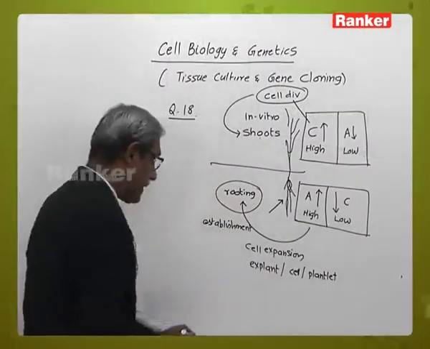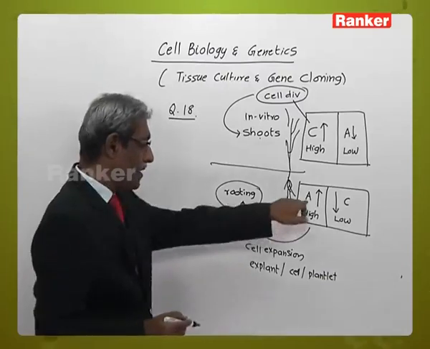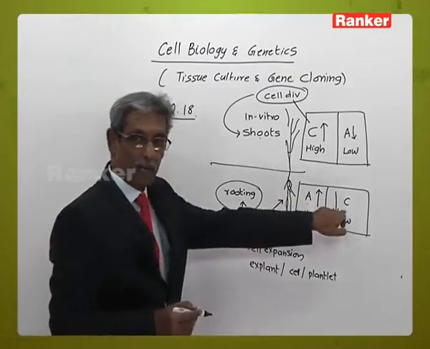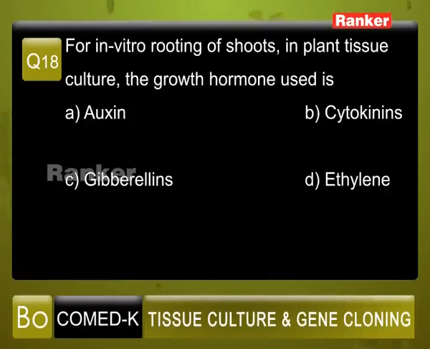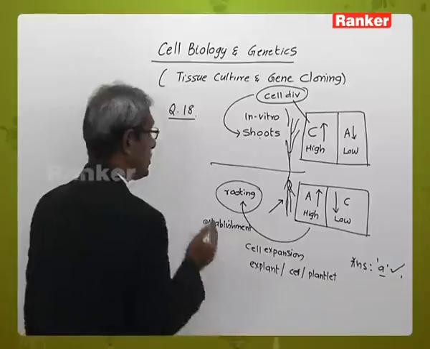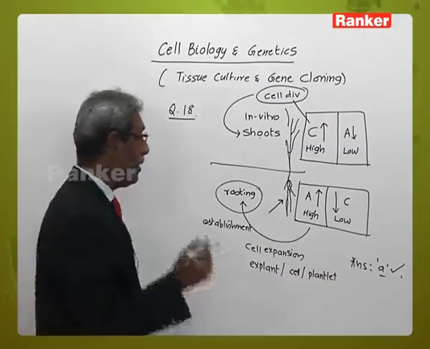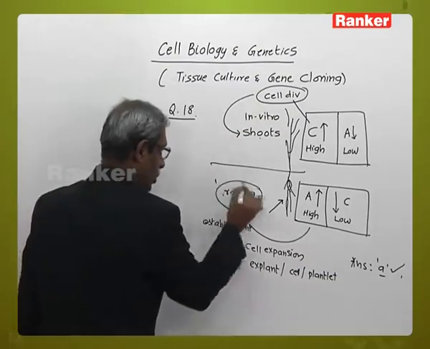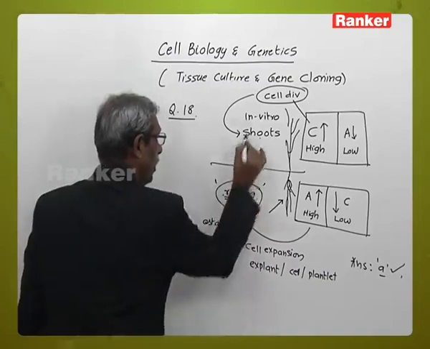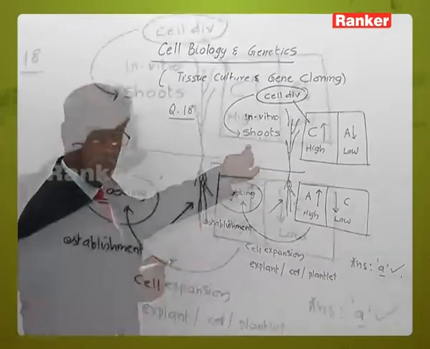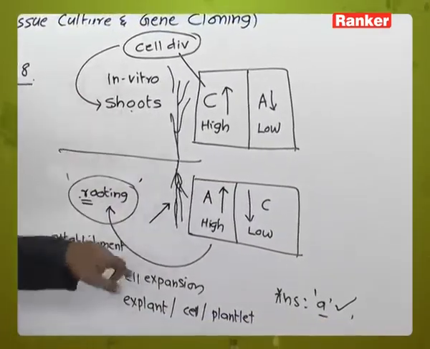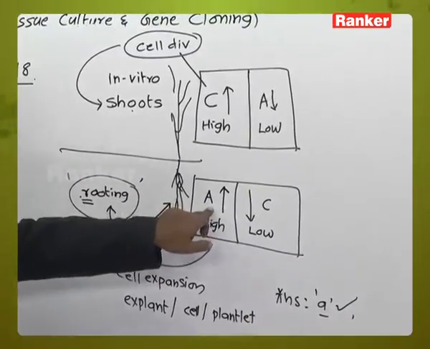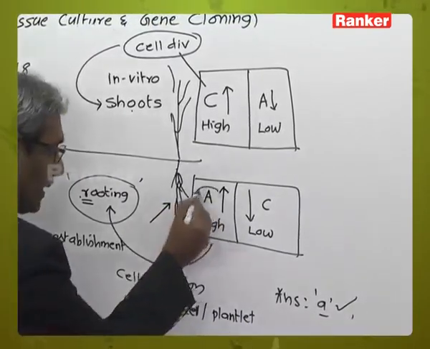So, in order that the plantlet or the explant form roots, always high auxin and low cytokinin. So, among the choices, the right answer is A. It is very important that the question refers to in vitro rooting of the shoots, which is primarily promoted by the high auxin content here.